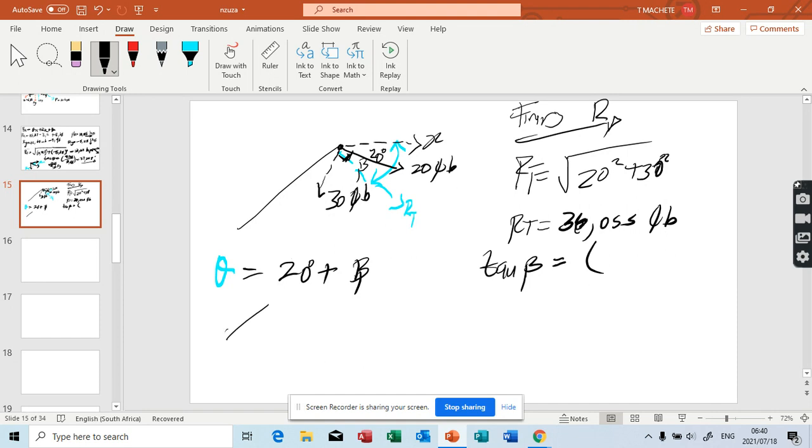Okay, maybe let me draw it here. What is opposite to beta? Where is that arrow? Okay, 30 over adjacent.